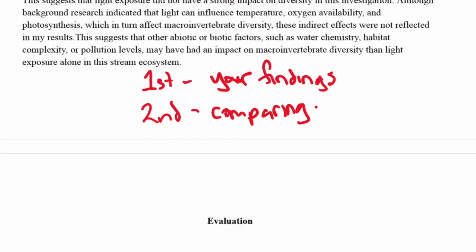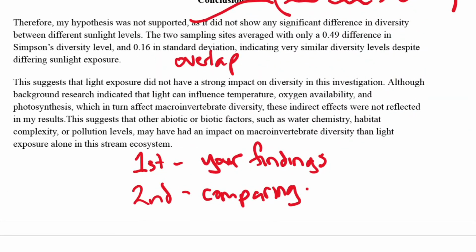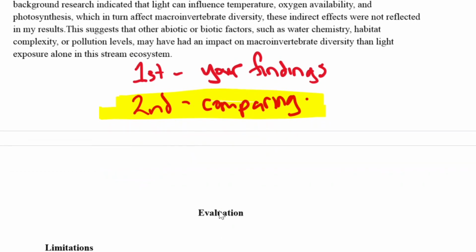I don't see that section here, so you really need to focus on adding this in, comparing to other published work, similar studies, similar rivers, what you can find. It might agree with what you found, it might disagree, but that gives you something to discuss to get the second half of your marks for your conclusion.